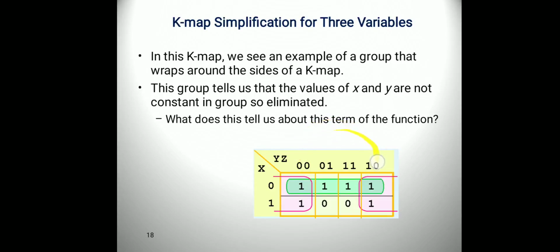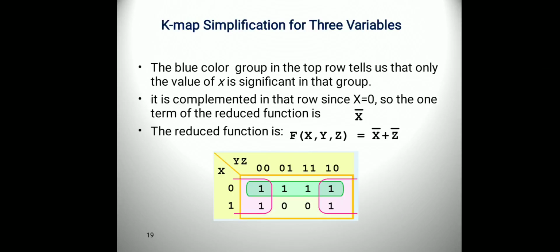Therefore, the output is z complement. Means the output of this equation is x complement plus z complement. See, this is the output. The reduced function for the given equation is x complement plus z complement.